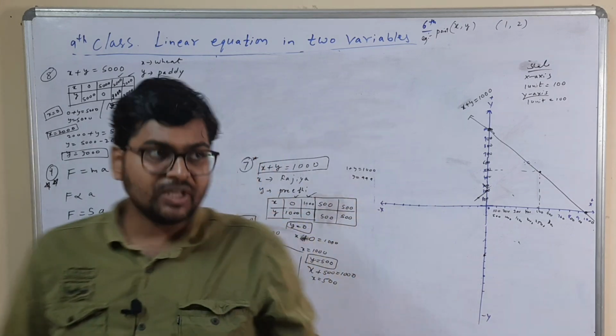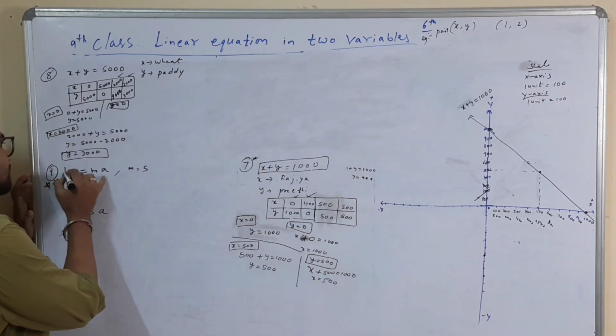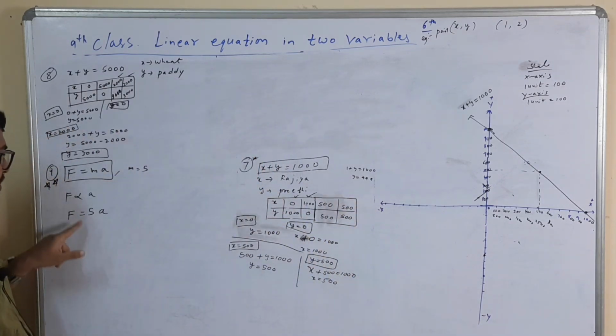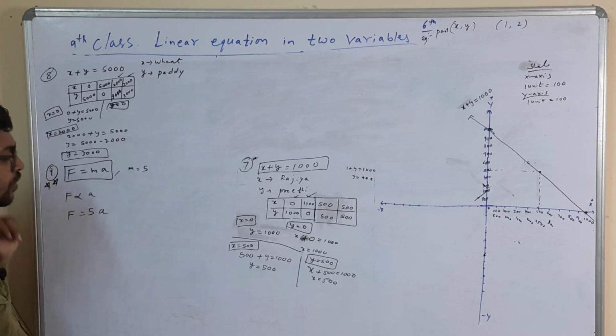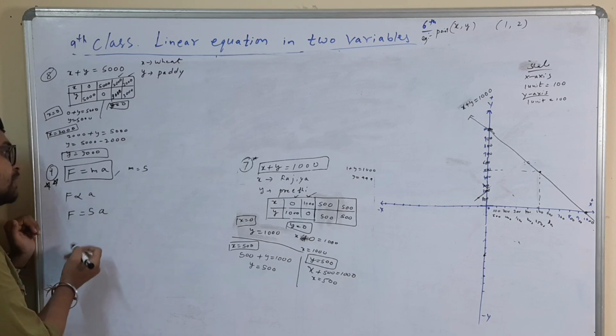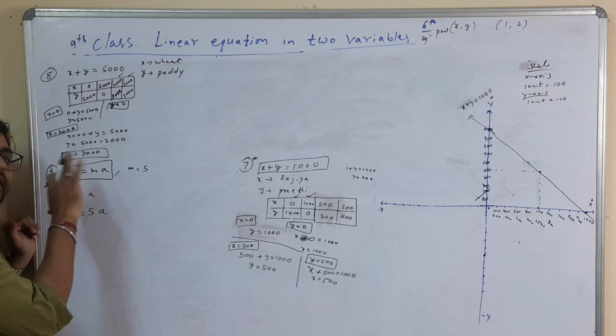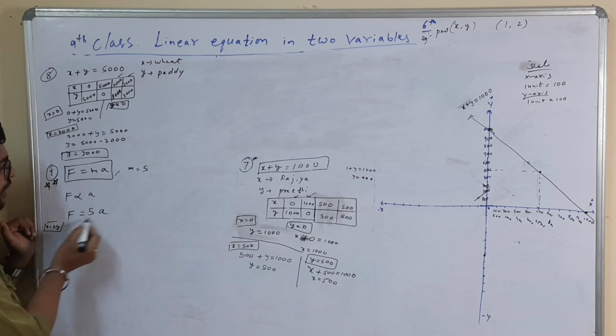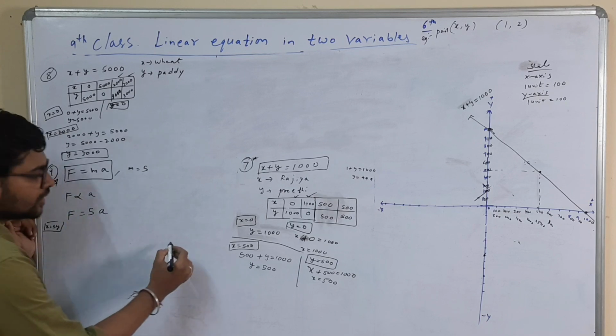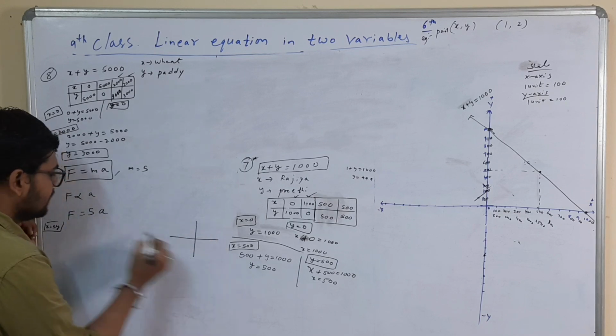Okay, we know this value, F is equal to ma, approximation is there. When we put m is equal to 5, we get F is equal to 5a. So this is the same equation as x and y. Suppose, for example, I am giving x equal to 5y. Okay, so in the place of x, F is there. In the place of y, A is there. How do you draw the graph? You take the graph like this.